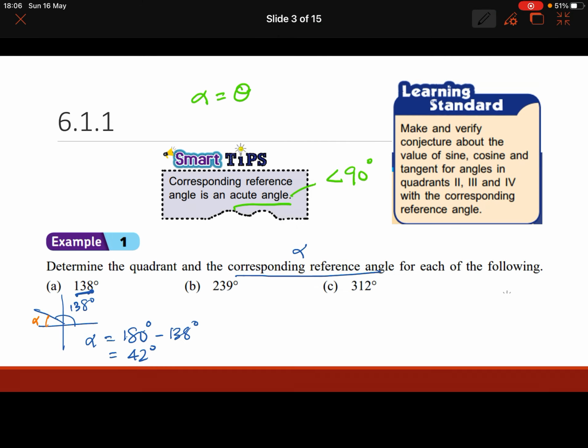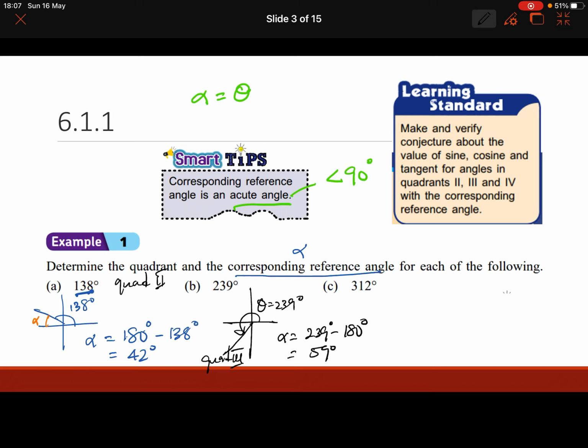Okay, so for 239 is in the third quadrant. Let's see like this here, 239 degrees. Okay, so in the third quadrant, and the corresponding reference angle is 239 minus 180 equals to 59 degree.